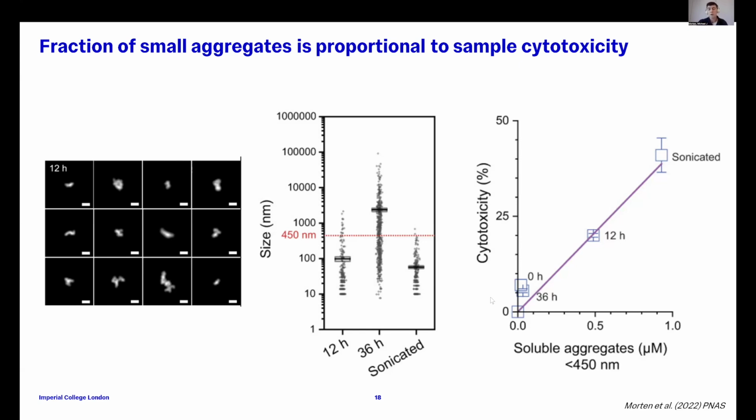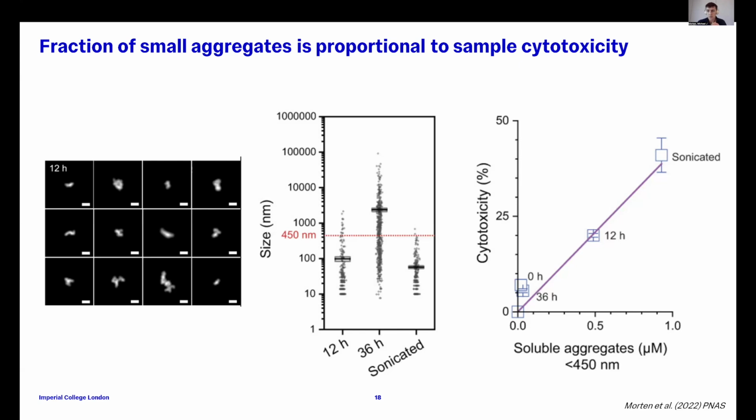And you can see here when we do an LDH assay, which measures the cytotoxicity that each of these samples was able to induce, if we normalize the concentration of the proteins in terms of which aggregates are smaller than 450 nanometers, we get this very linear relationship with the LDH response.